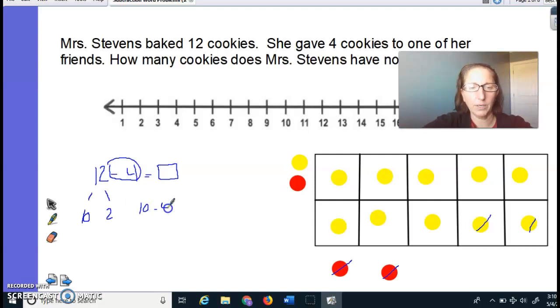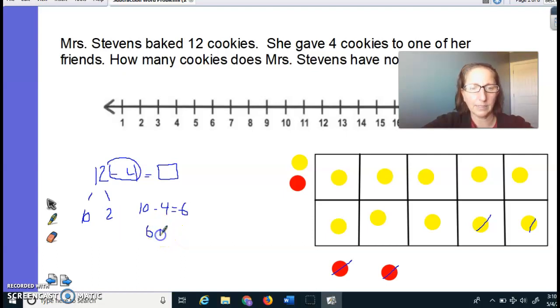Now, hopefully you already know that answer because it is one of our combinations of 10. So 4 plus what makes 10? You're right, it's 6. So now we're going to take the 6 that we just found, and we have to add it to this 2.